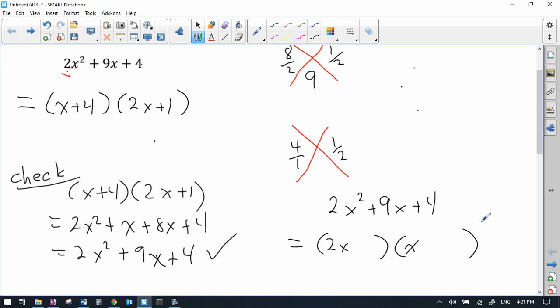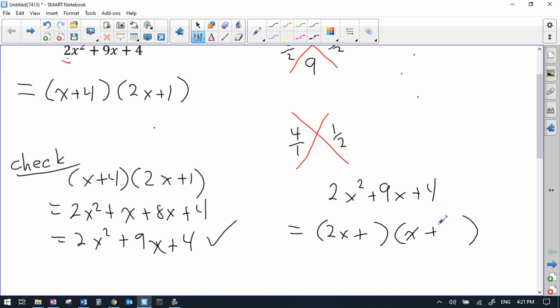I also notice that there's no negatives in this, so I can feel pretty confident that it's got to be a positive and a positive. There's only so many numbers that multiply to 4. One example is 2 and 2. That doesn't work though, because then you would get 2x squared plus 4x, you'd have an 8 here instead of a 9. So we know that that's not correct.